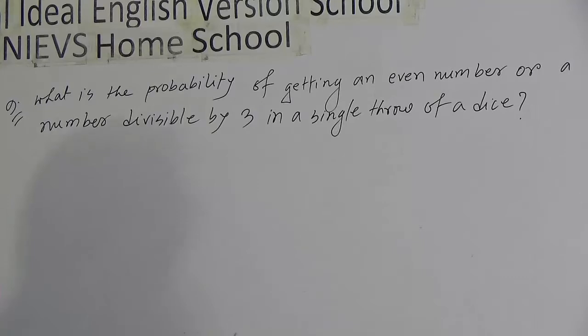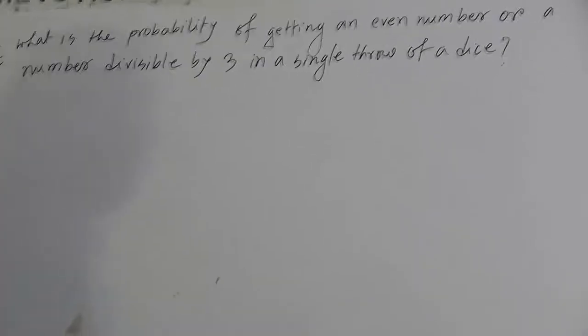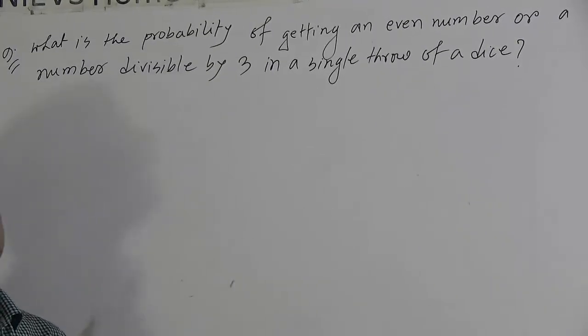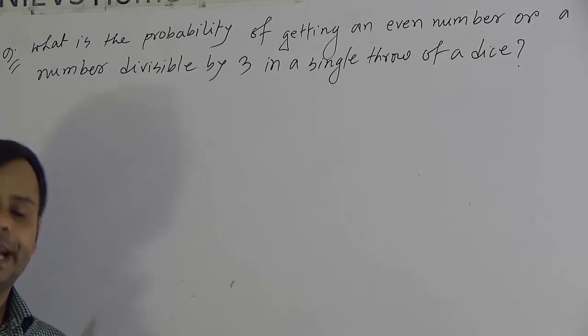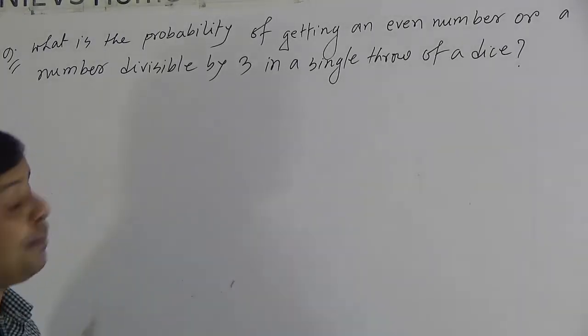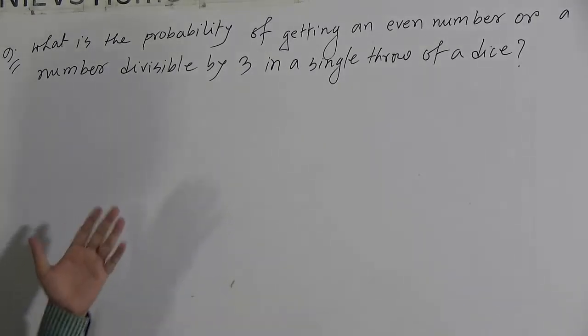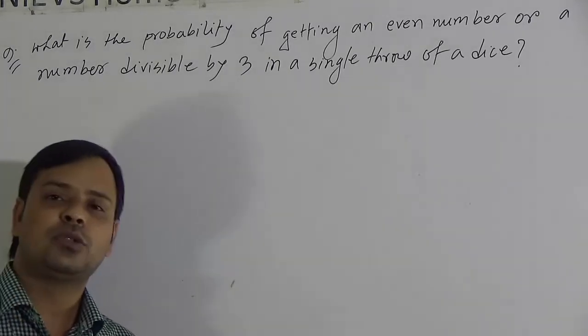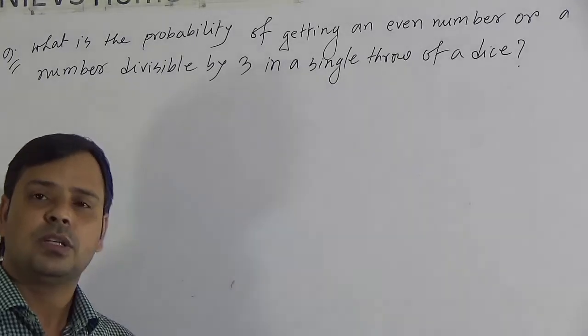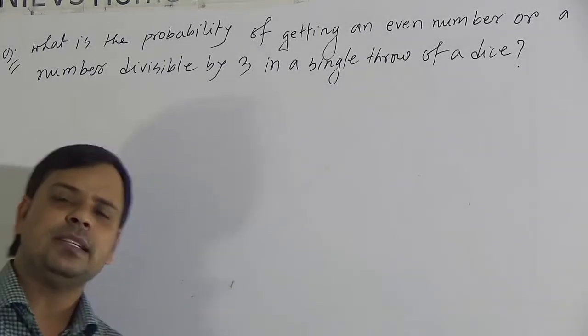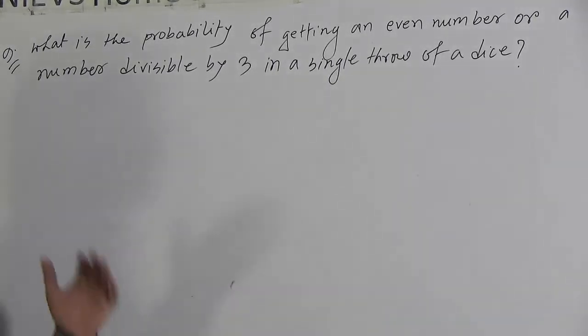It means if we throw a dice only one time, what will be the probability of getting an even number or a number divisible by 3? At first we have to determine the number of possible outcomes, and we know the total number of outcomes when we throw a dice. So easily we can determine the probability of getting an even number or a number divisible by 3.